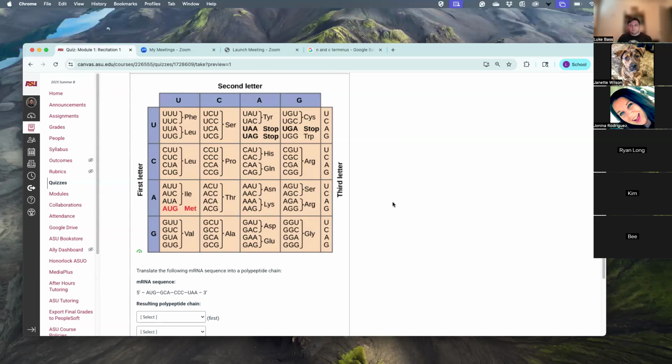Yeah, so whenever you have a question like that, you'll be looking at the number of nucleotides and then dividing that by three to get the number of amino acids. I don't know if that was your question.